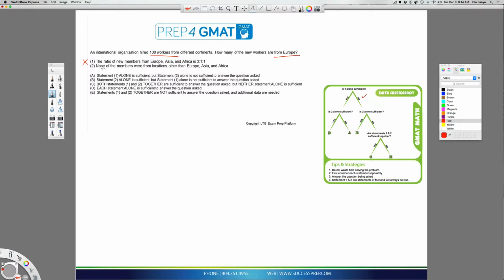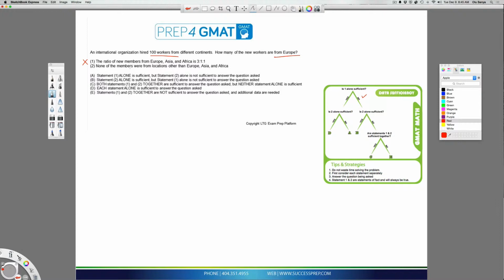Then let's come back to statement two alone. Is two alone sufficient? It says none of the members from locations other than Europe, Asia, and Africa were picked up by this company. So none of the other members were picked up. As a result, in this second statement, you now know that it's only Europe, Asia, and Africa that were employed by this company.